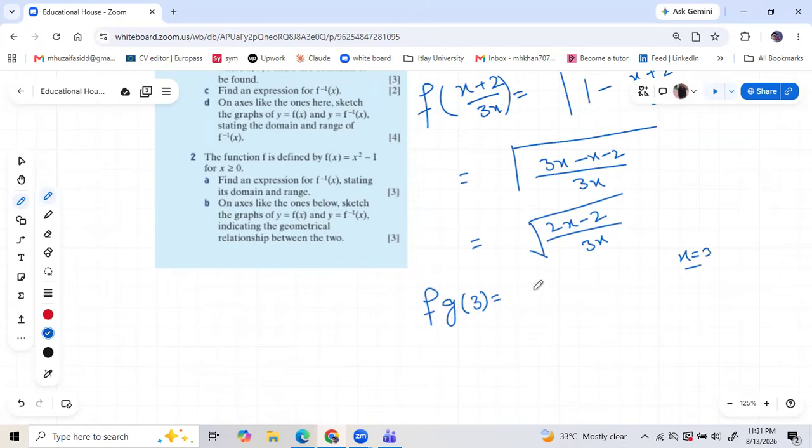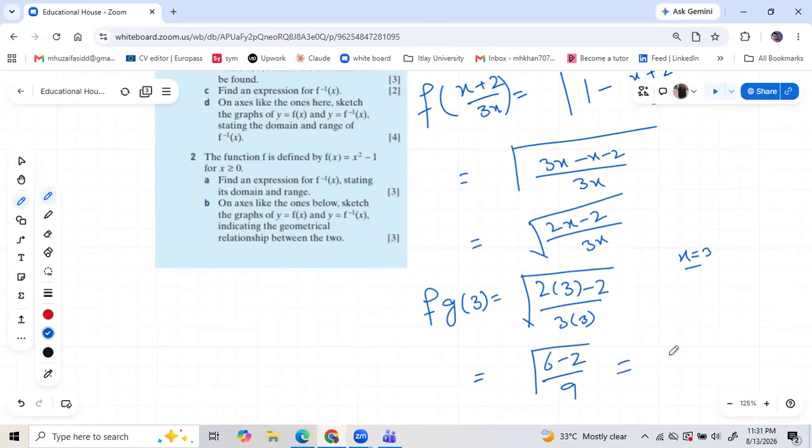So we put it in: 2 into 3 minus 2 divided by 3 into 3, under root. So it gives us 6 minus 2 over 9, so this is the root of 4 over 9. The root of 4 is 2, and the root of 9 is 3. So can you get it?